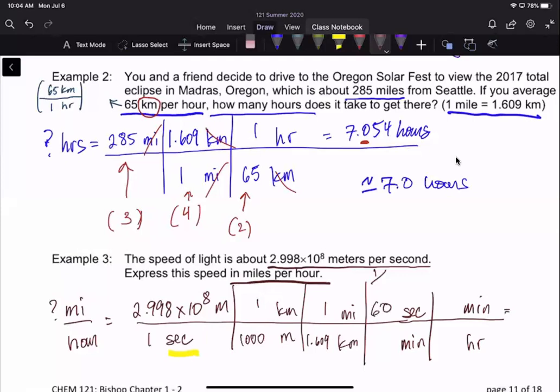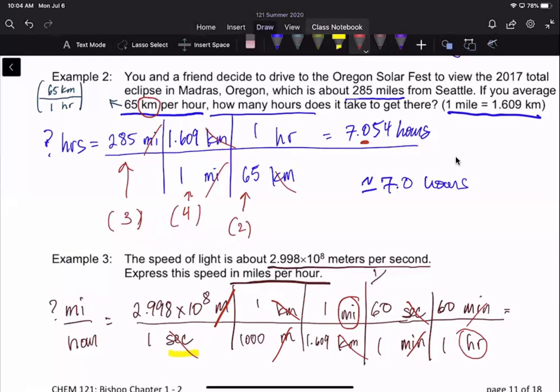So 60 seconds in 1 minute, 60 minutes in 1 hour, and let's take a look at our units. Gone, gone. Miles equals miles, good. Minutes, seconds cancels out over here, and we end up with miles per hour.